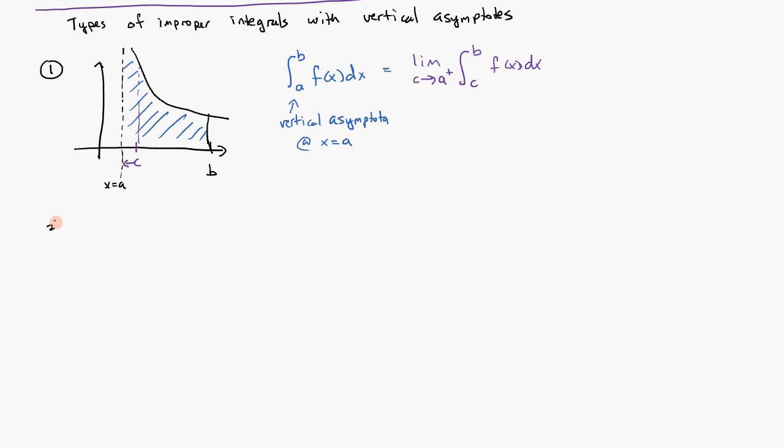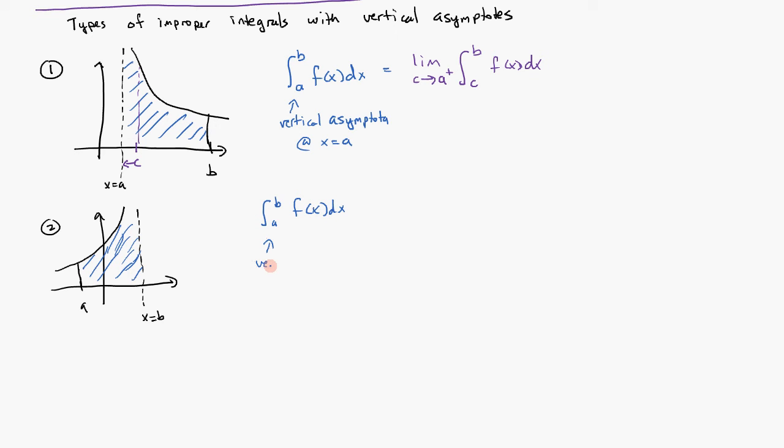The second kind of vertical asymptote is when the vertical asymptote is to the right of the function. So suppose the vertical asymptote is at x equals b. Say this is my function here, and again I'm interested in the area between a and b. So then it still extends vertically to infinity. So the integral from a to b, f of x dx.